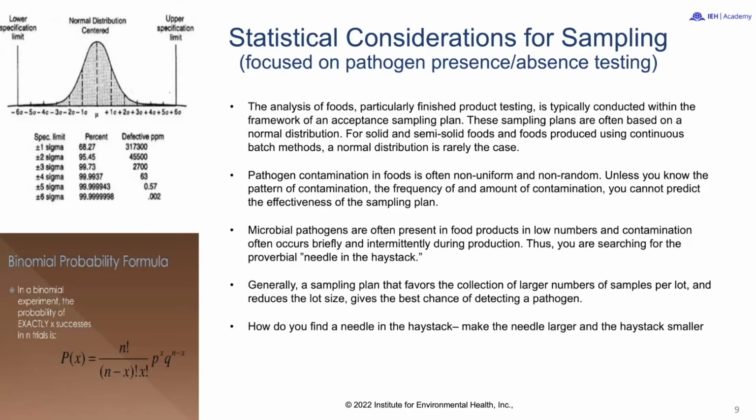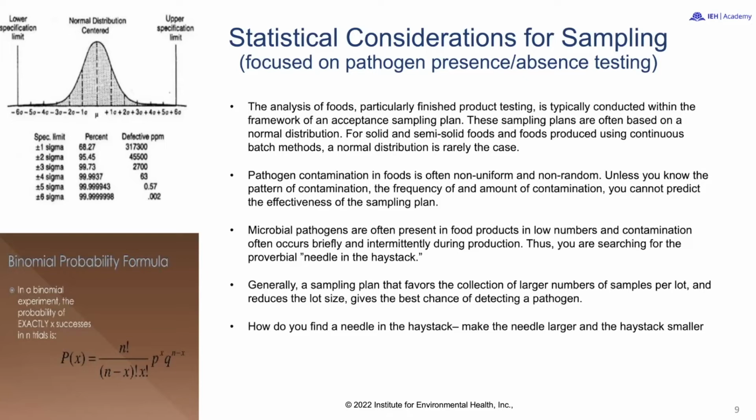So it's more common in the food industry, from what I have seen, that contamination is both non-random, although we may not always know the cause, and it's not uniform.